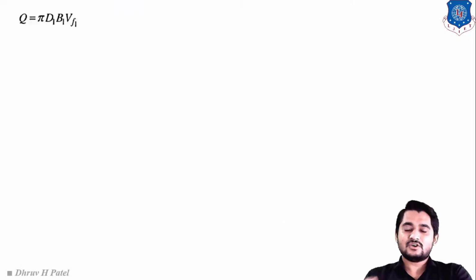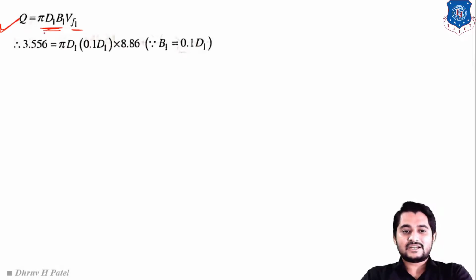From the discharge, we already know the second equation of discharge. So Q is equal to area into flow velocity, that is Q is equal to pi D b1 into flow velocity Vf1. Here Q is given, pi is 3.14, D1 is unknown.